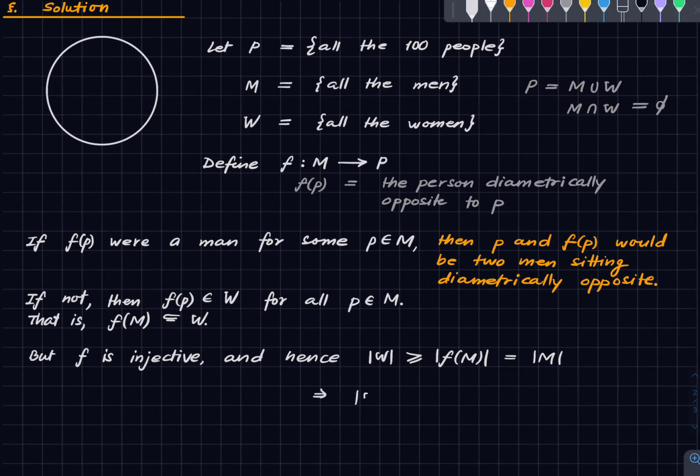Therefore, the number of women plus the number of men is at least twice the number of men, but that is at least 102, and that's a contradiction because the number of women plus the number of men is the total number of people, and that means the total number of people is at least 102, but that is a contradiction to the fact that there are only 100 people sitting at the round table.